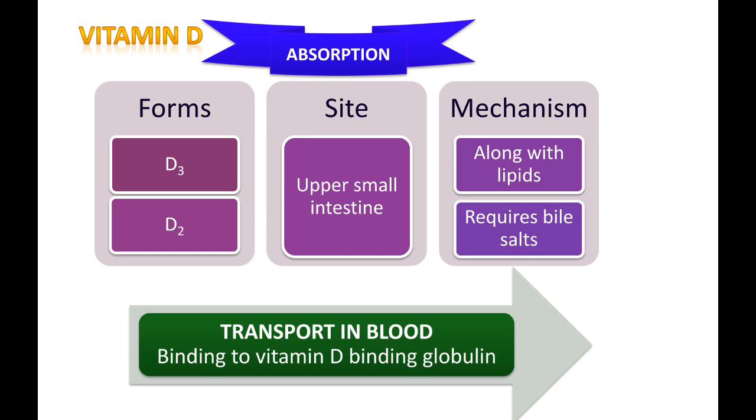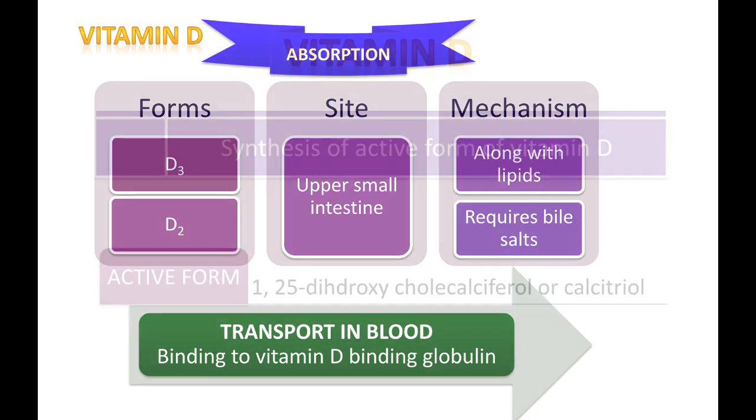In the blood it is transported by binding to vitamin D binding globulin or vitamin D binding protein to various tissues like liver and other organs.